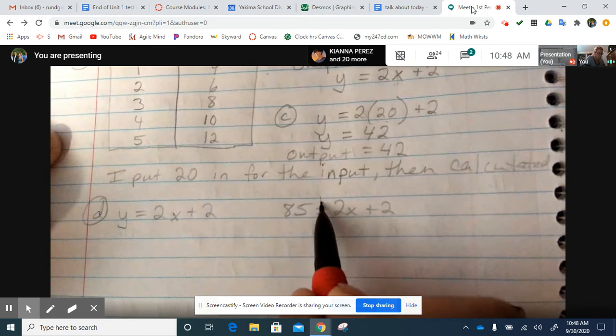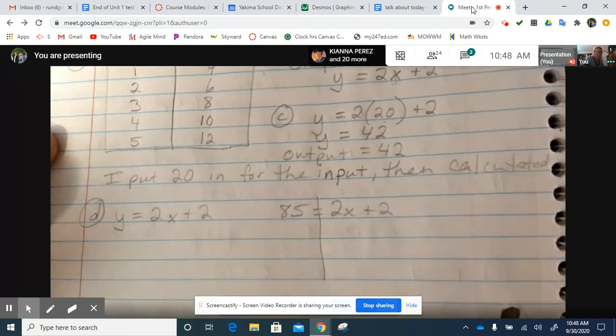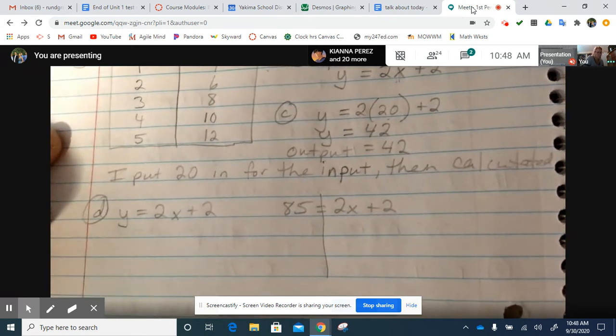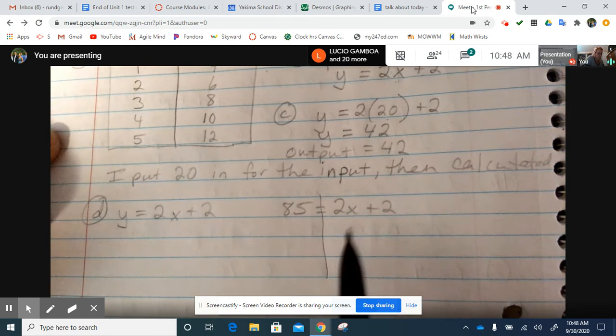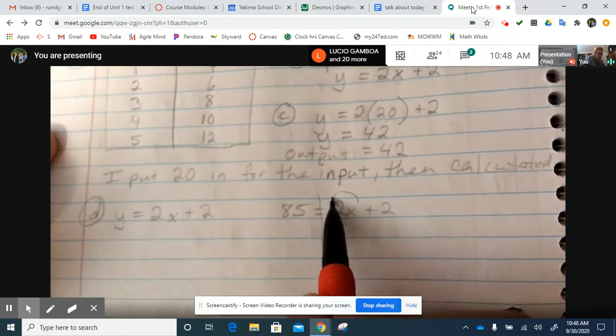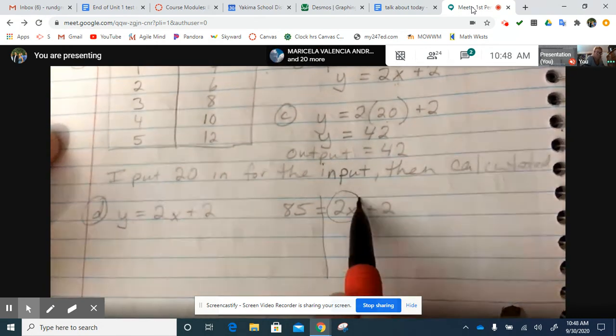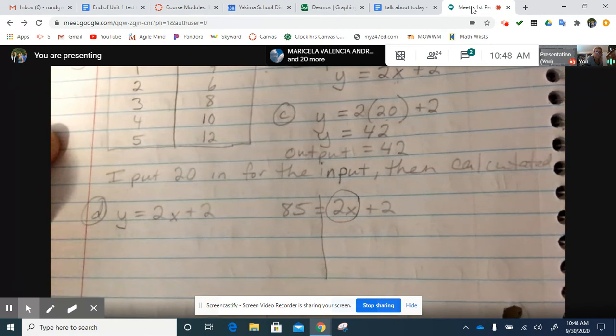All right, so draw a line down. Find your variable and whatever's attached to it. Circle it. We're going to save that for last. Okay, anybody see the first step we're going to do? Yep.